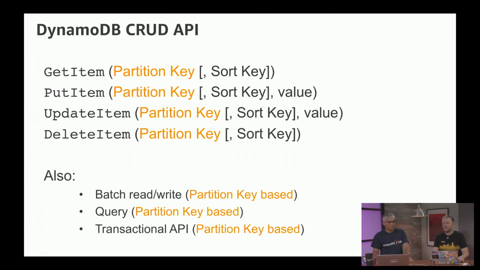And so, for example, in case of queries, what that tells us is I can query on a given partition key. And so this gives you an idea what queries can do in DynamoDB. If I'm storing, let's say, sensor data, telemetry data from a number of sensors, I do have to query based on the partition key.